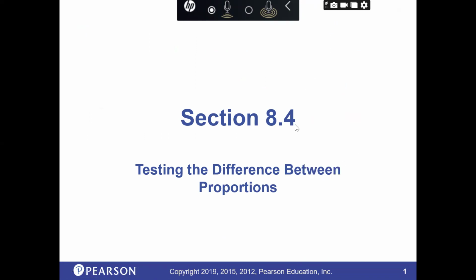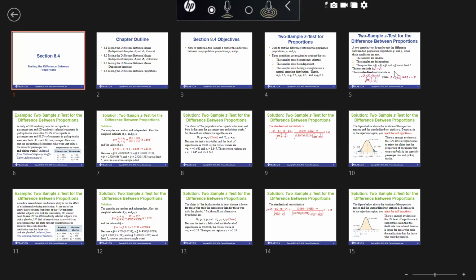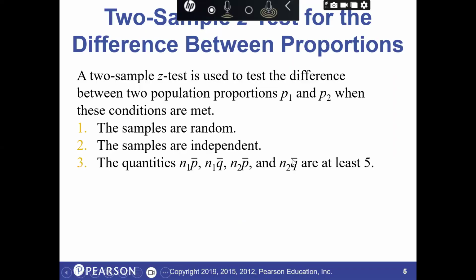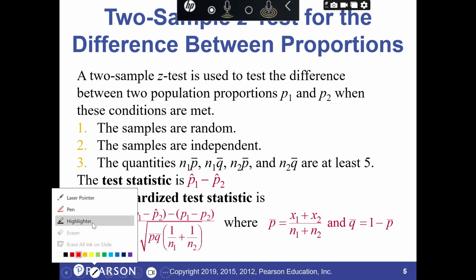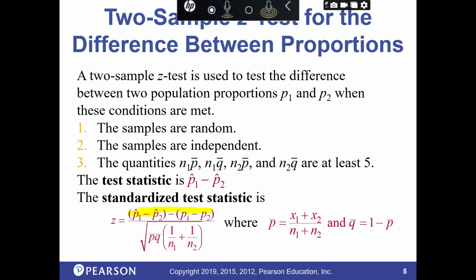So let me give you the equation. So for proportions, it looks like this. Oh boy. So if you guys can write this one down, it's this guy right here. So instead of mu, now it is p, right? Because p stands for proportions, mu is for means. So we have that equation, not too bad.